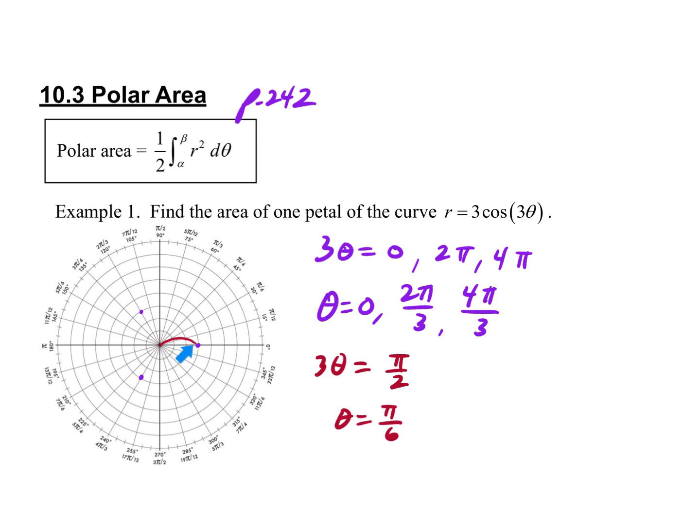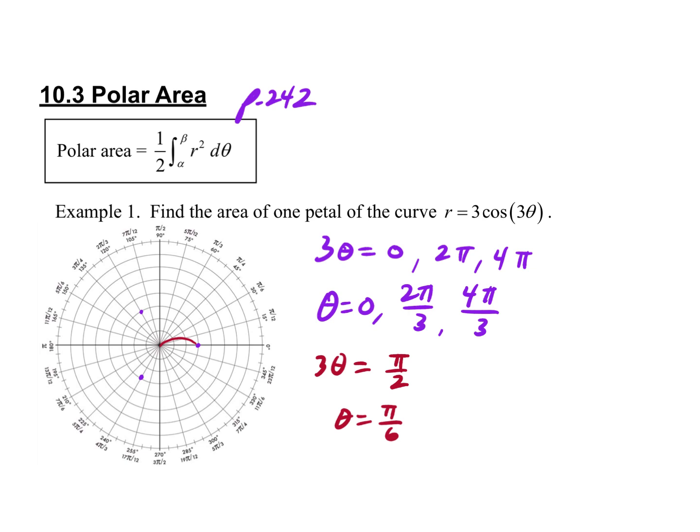Then as we rotate, the angle forces the radius to get smaller and smaller until I get to pi over 6, and then it's back to 0 because pi over 6 will make this pi over 2, which makes this whole thing 0. So I have my initial big radius, then I rotate a little and it gets a little smaller and a little smaller till eventually it comes back to 0, all right?